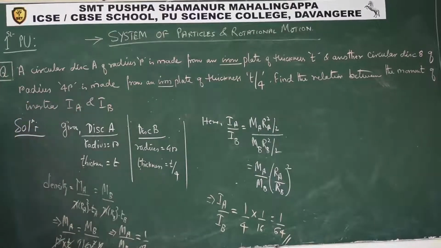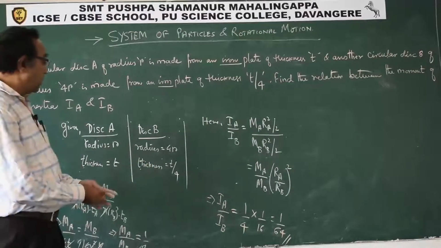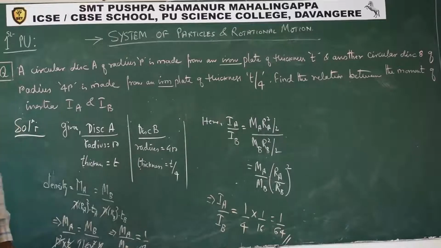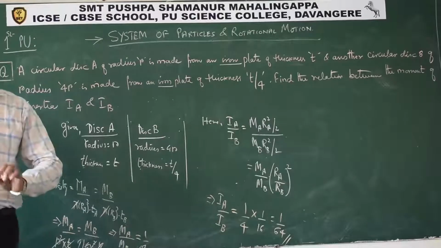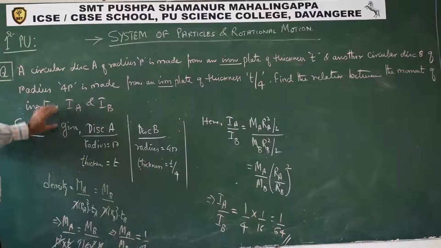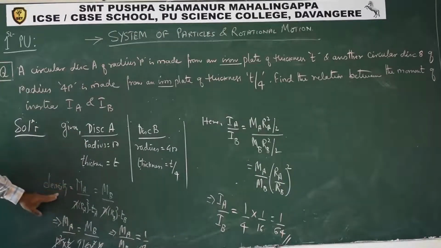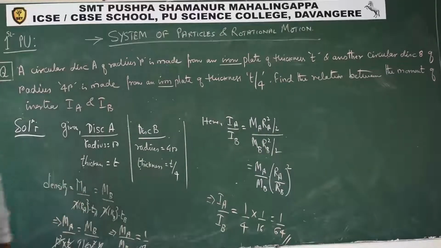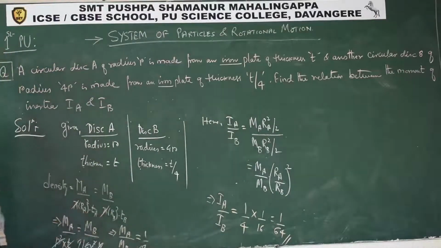This is how we get MA by MB is 1 by 4, and RA by RB is 1 by 4 squared, so you get 1 by 16. So what you are getting here is 1 by 64. This is exactly how we can work out from the given data. Please understand this. Density is constant, mass upon volume. Volume will be area of cross section into thickness, and here thickness is changing. That is the reason why we have to take it as TA and TB.